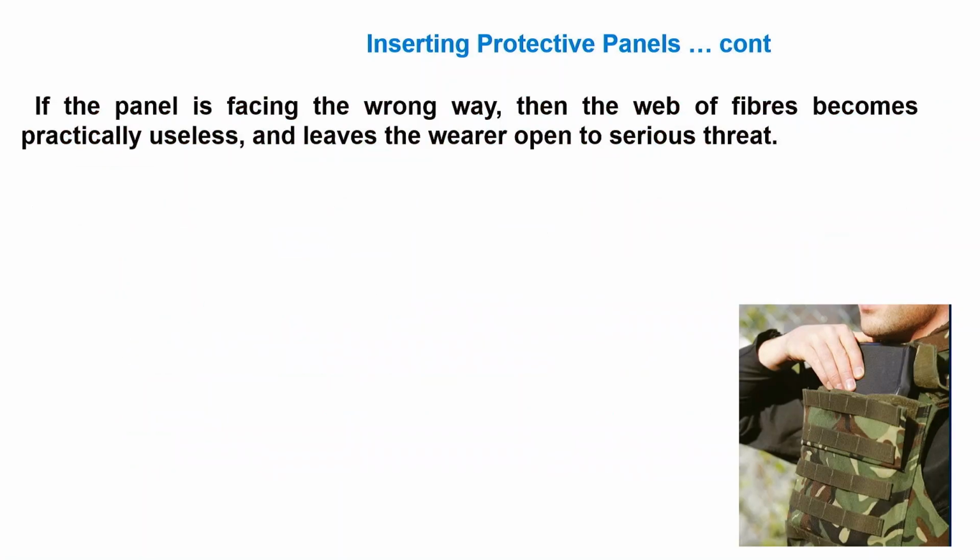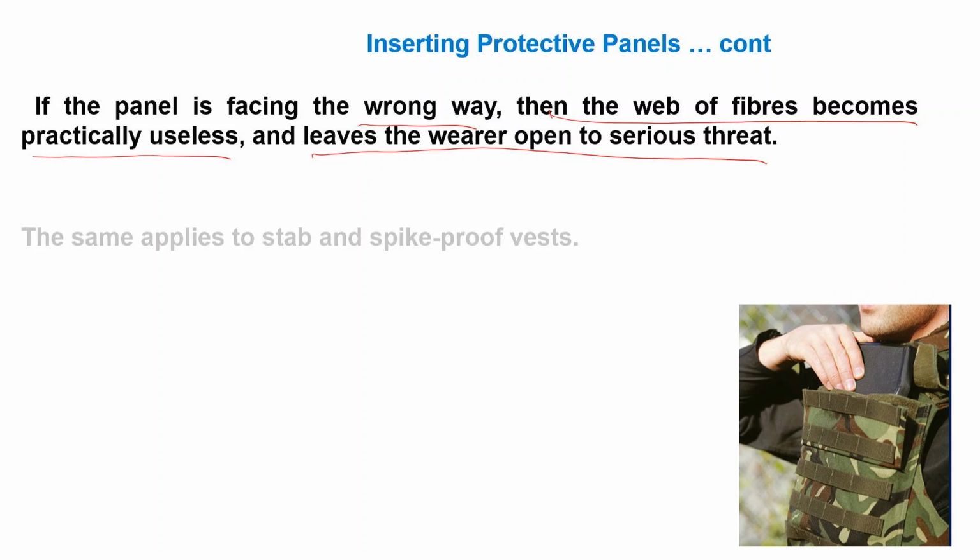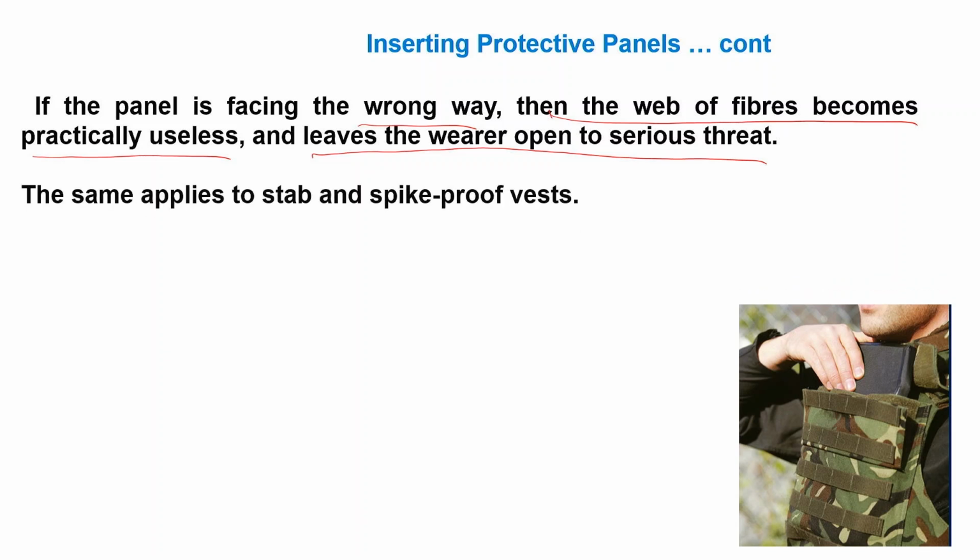You can see this insert is there. If the panel is facing the wrong way, then the weave of fibers becomes practically useless, leaving the wearer open to serious threats. That is very important.